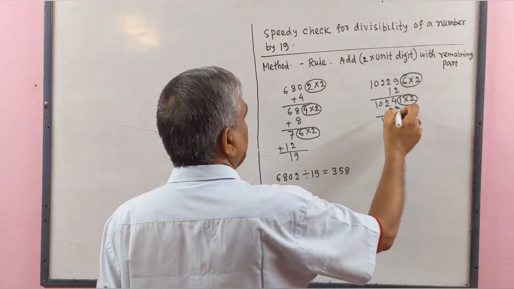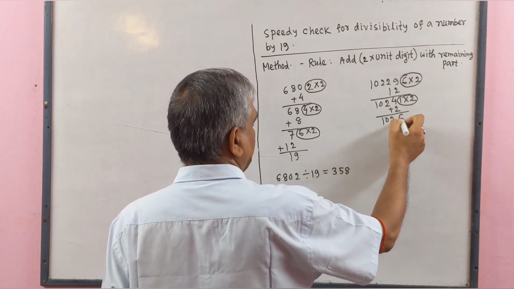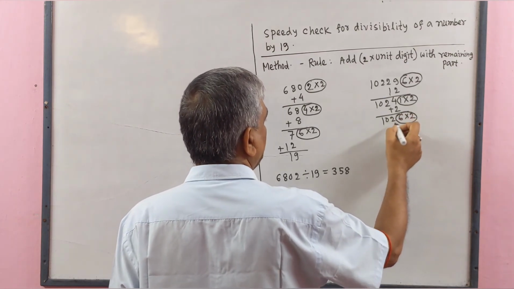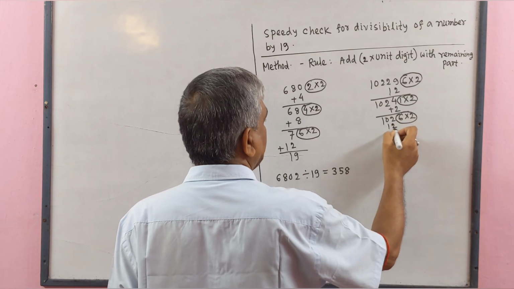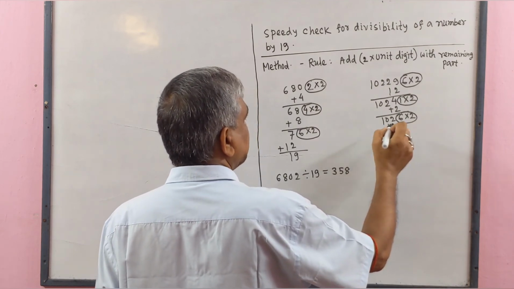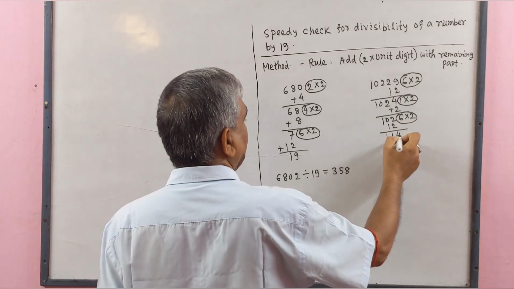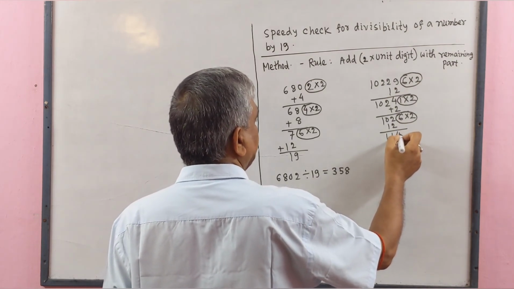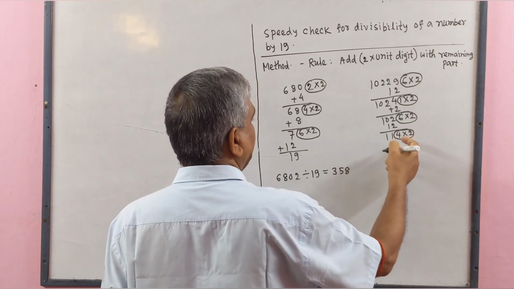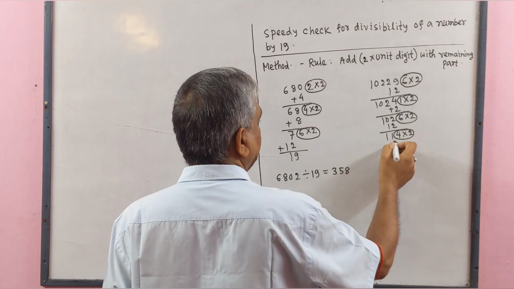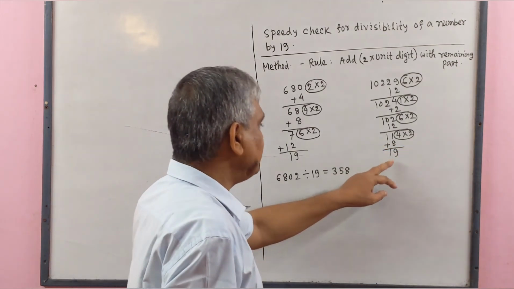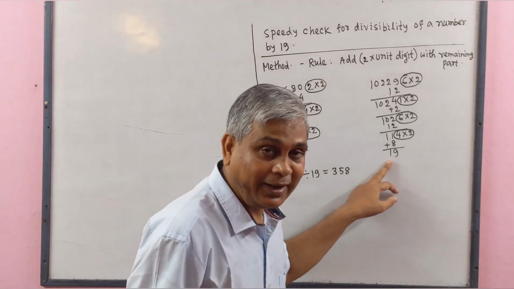Here 1026. We multiply this 6 by 2. We get 12. We add it to the remaining part. Here 411. If we multiply the digit in the unit place by 2 and add it to the remaining part, 4 twos are 8, and we get 19, and 19 is divisible by 19.